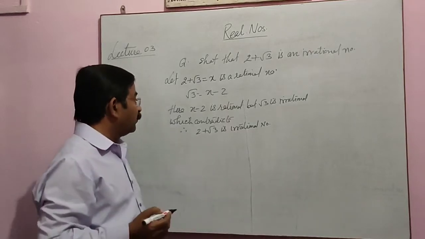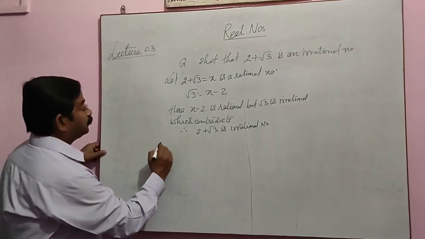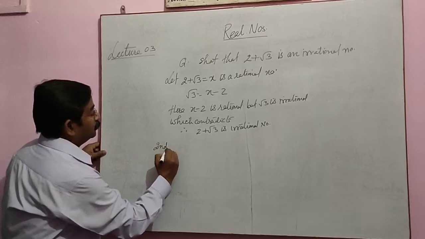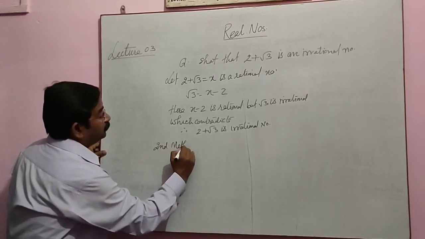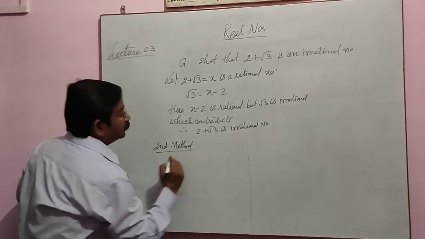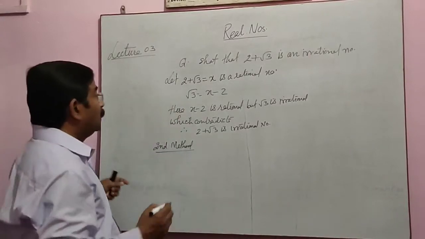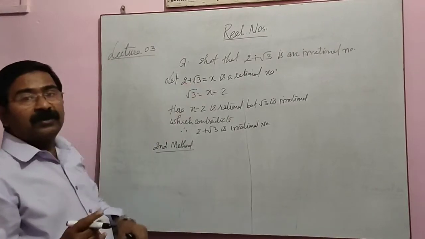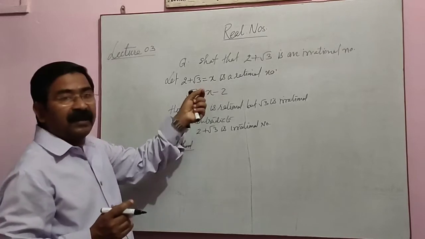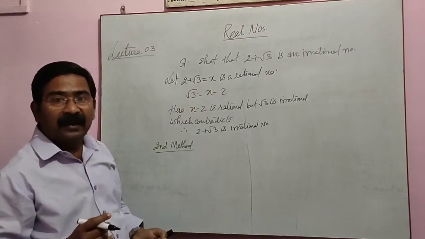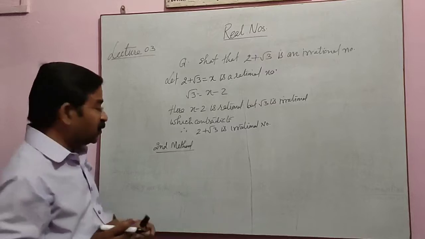Now let's see another method. Second method. The same question can be solved by another method. Again you will suppose that 2 plus under root 3 is not irrational, meaning it is a rational number.